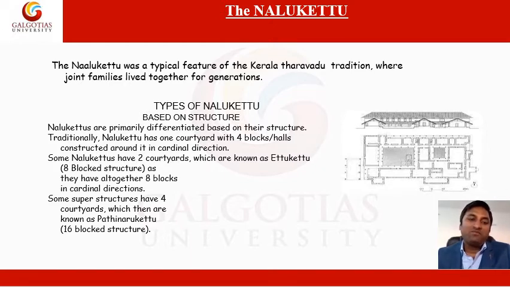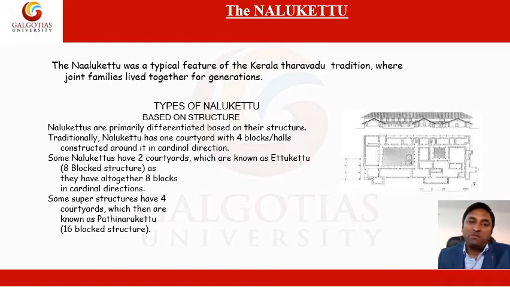Some Nalukettu have two courtyards, also known as Ettukettu, and that type of structure has eight blocks in cardinal directions. Some superstructures have four courtyards too, and they are known as Pathinaru Ketu, which consists of 16 blocks.